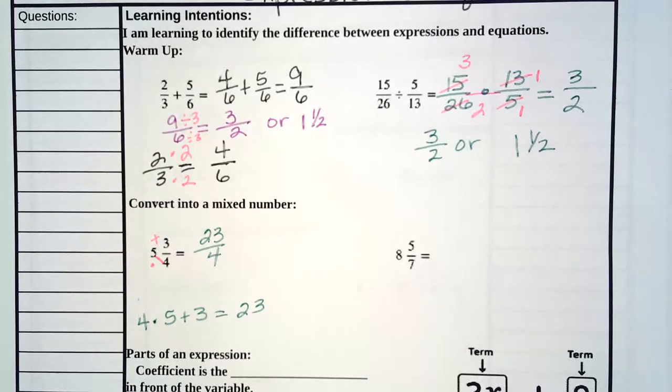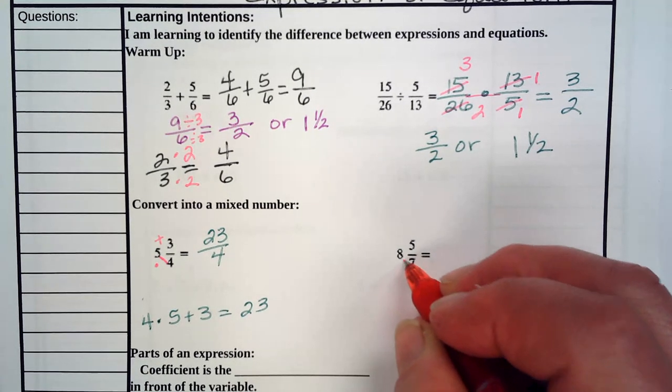Okay, pause the video. If you did not get the first one done on your own, pause your video and see if you can do the next one on your own. The same thing happens.